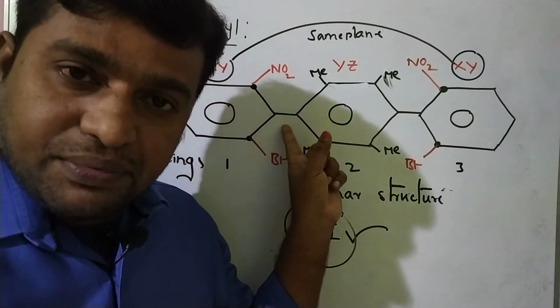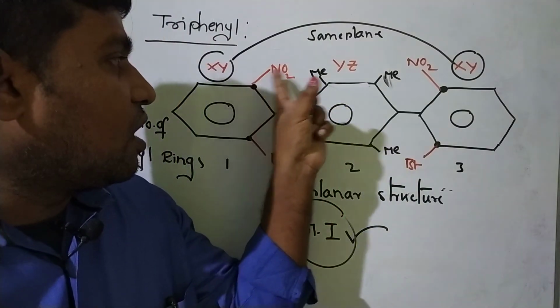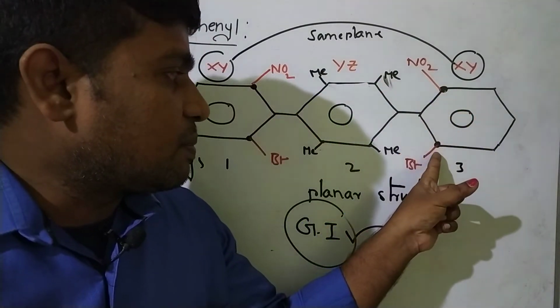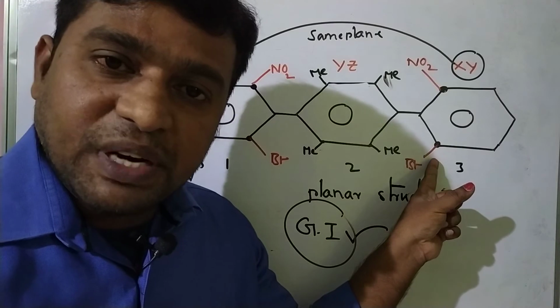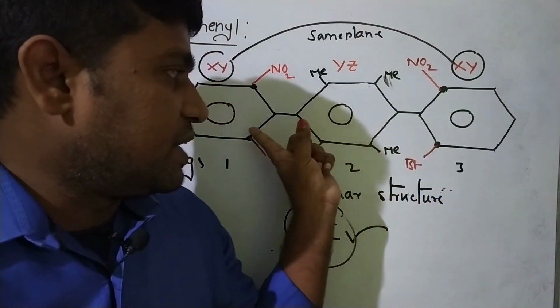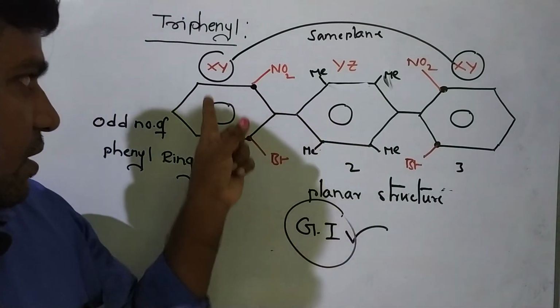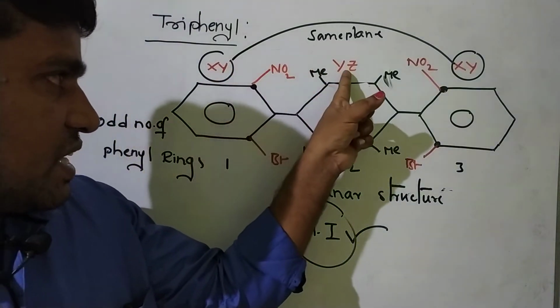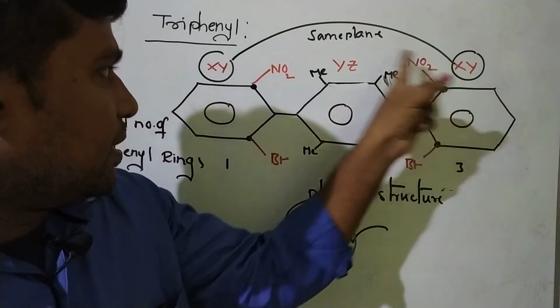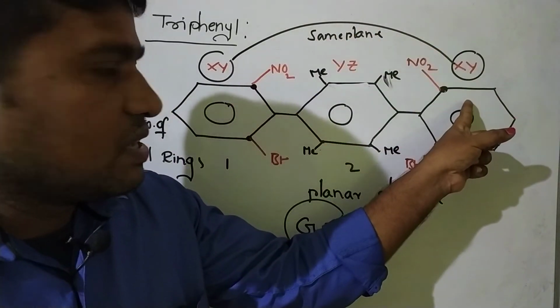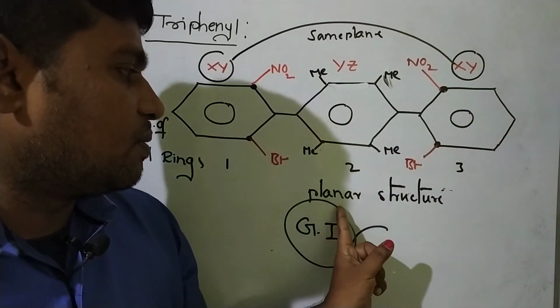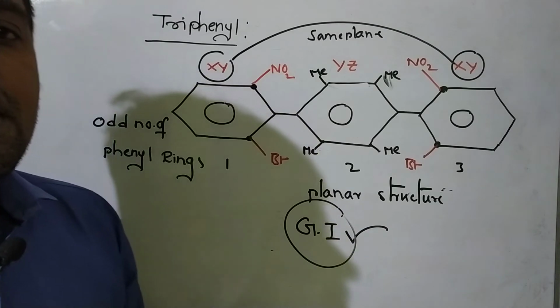In the case of triphenyls, if the ortho positions are substituted with large groups, meaning bulky groups, definitely it is a planar structure. Check xy plane, yz plane, xy plane. These two rings are in the same plane. Definitely the molecule is planar.